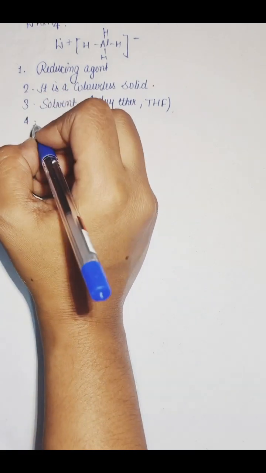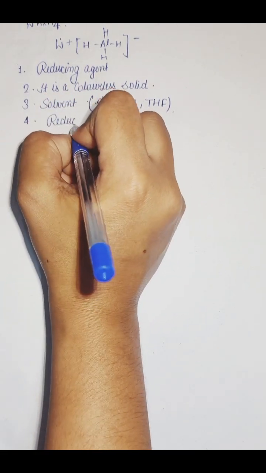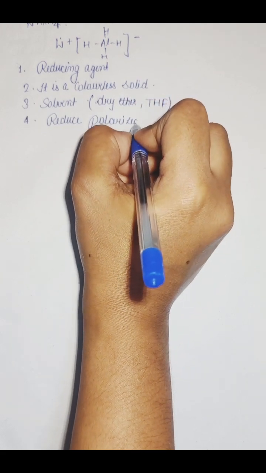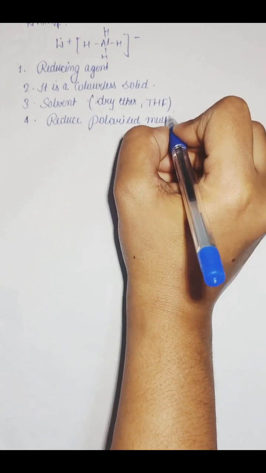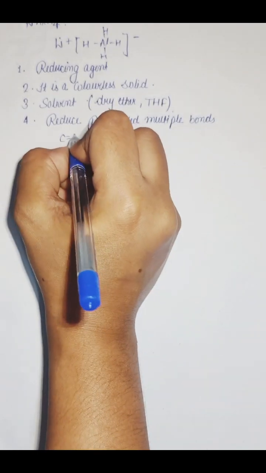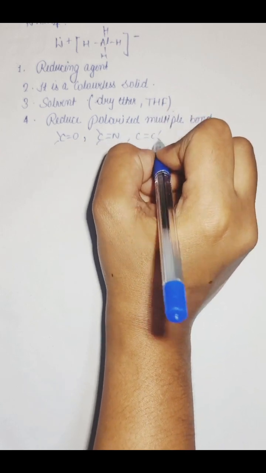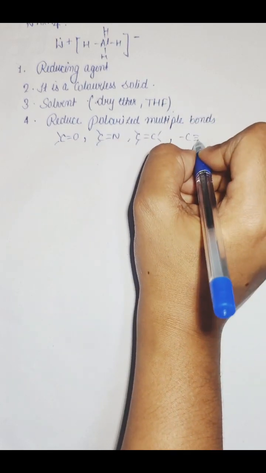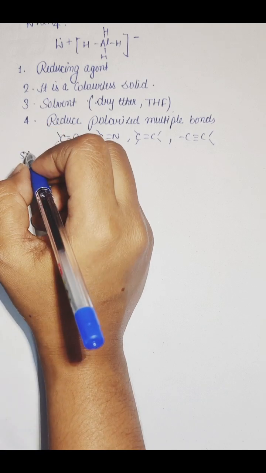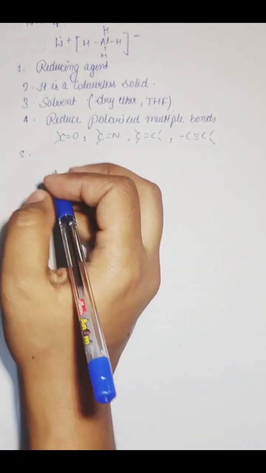It generally reduces polarized multiple bonds, like C=O, C=N, C=C and C≡C. Another point is that it reduces aldehyde, ketone, carboxylic acid, ester, lactone into alcohol.